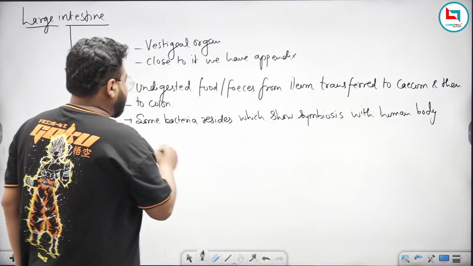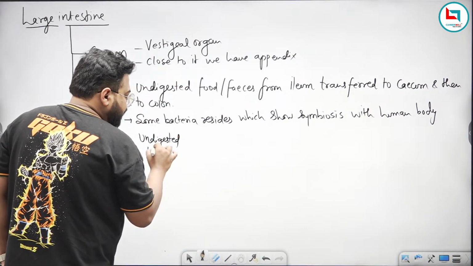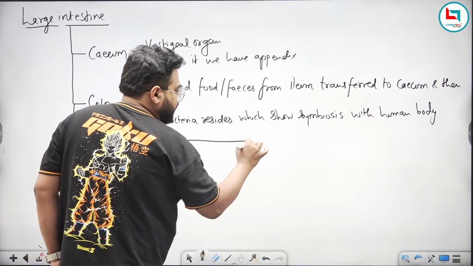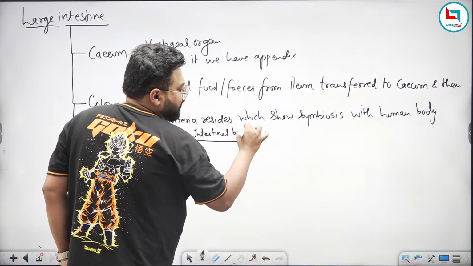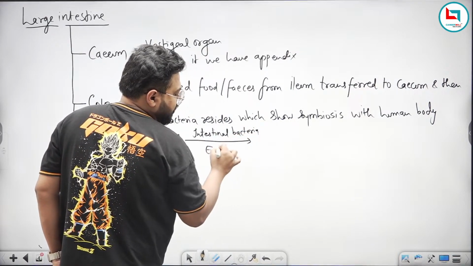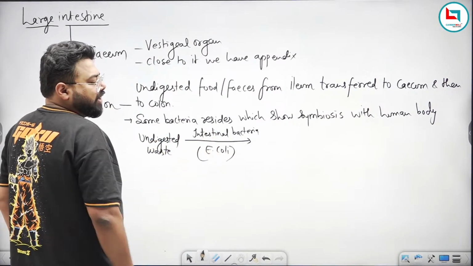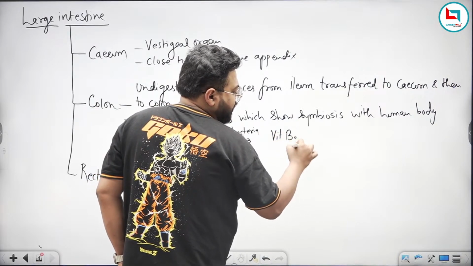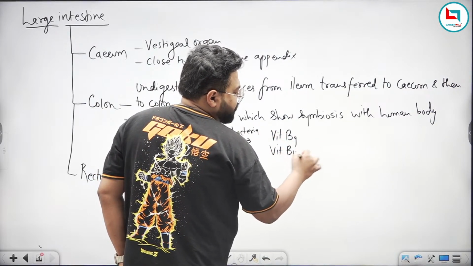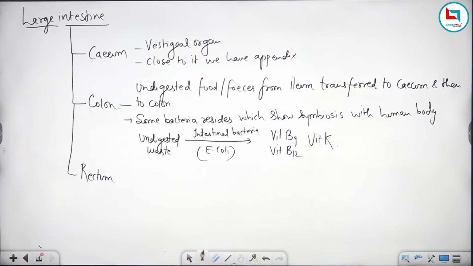From this undigested waste, or feces, these bacteria, which we call intestinal bacteria, and the name of these bacteria is E. coli, form vitamin B9, vitamin B12 and vitamin K. So these three vitamins get synthesized inside our colon.